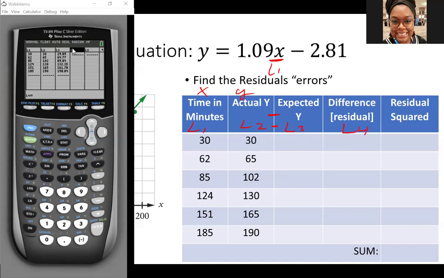So we're going to go over to L4 because we want L4 to be L2 minus L3. So we're going to press second 2, minus, second 3, so that we can tell the calculator to make L4 our L2 minus our L3. And then we press enter. And it does it for us.